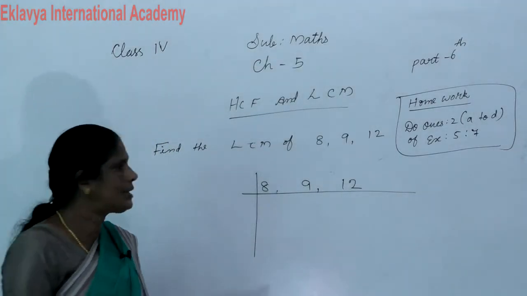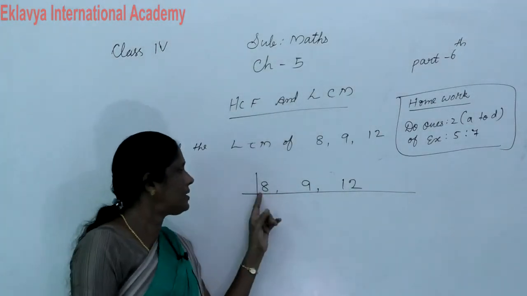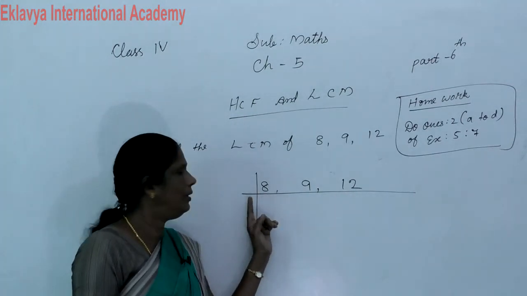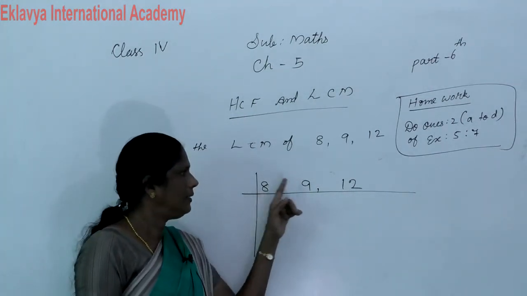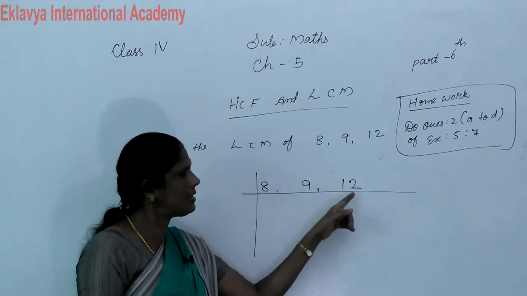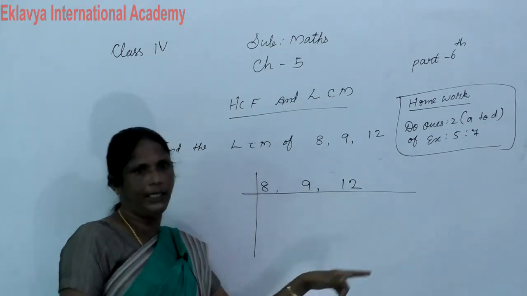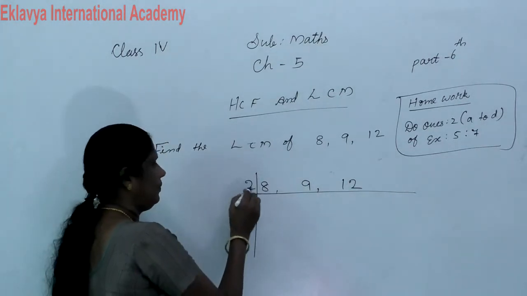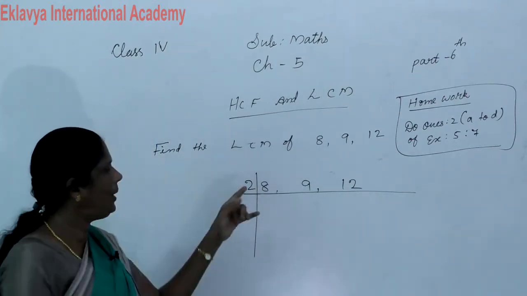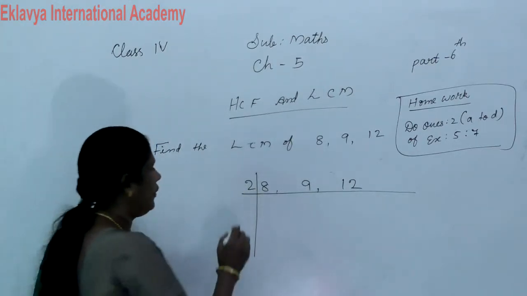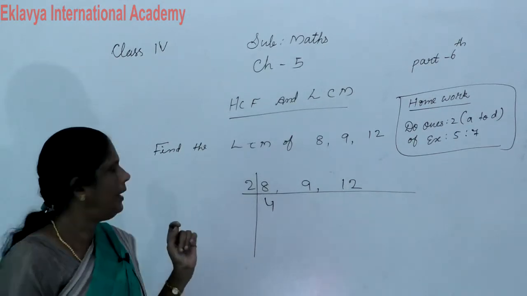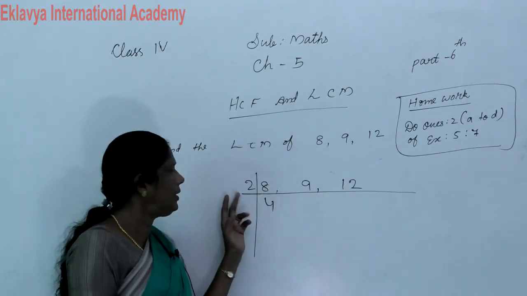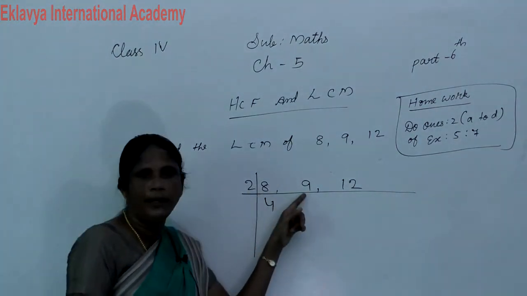First you check, the first prime number is 2. Is this number divisible by 2? Yes. This number? No. This number? Yes. We take 2. How many times does it go here? 4 times. Okay. Here, is 9 divisible by 2?